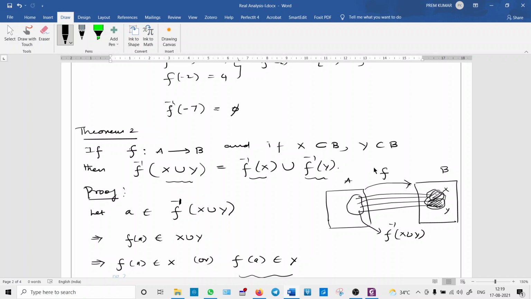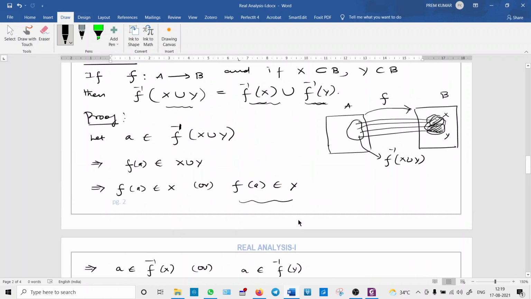So what is f inverse of x? Suppose x alone is there. For that you find the inverse image. Then f inverse of y separately somewhere here. What we have proved is that the union of these two sets equals f inverse of x union y.